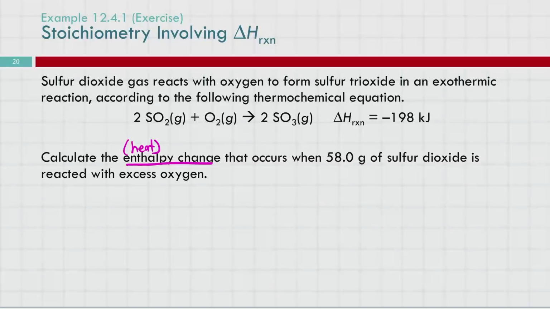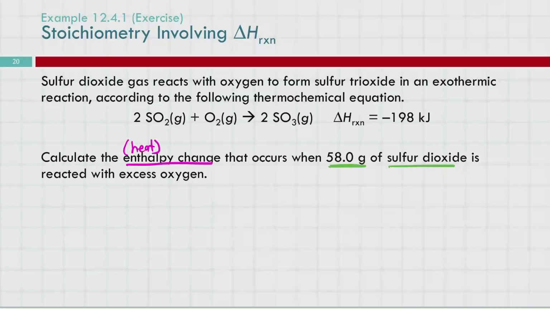And we're looking for the amount that occurs when 58 grams of sulfur dioxide reacts with excess oxygen. We've got a couple of sulfur compounds. Which one is sulfur dioxide? Is it SO2 or is it SO3? It's SO2. We know that it's SO2 because it's sulfur dioxide. Our other hint is that it's reacting, so it's on the reactant side.